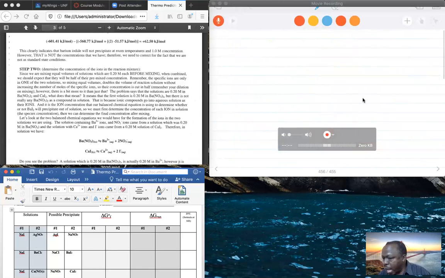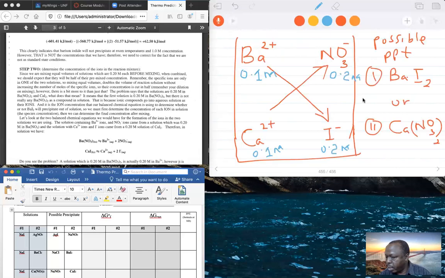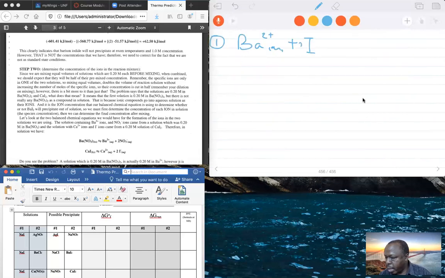So for the first possible precipitate, it is barium, aqueous, plus iodide. You see, this is 2 iodide like that.